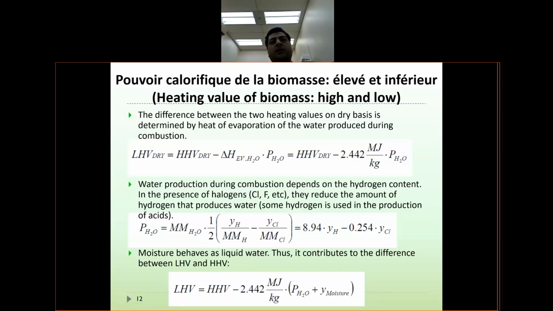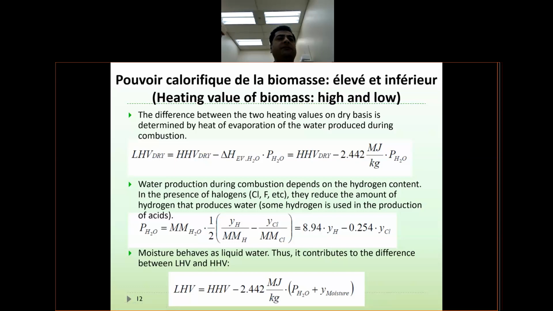So, if you want to calculate the hydrogen going into water in this equation, you need to take into account the elemental composition of the halogens. Anyway, this formula is the relation between low heating value and high heating value in dry mode.